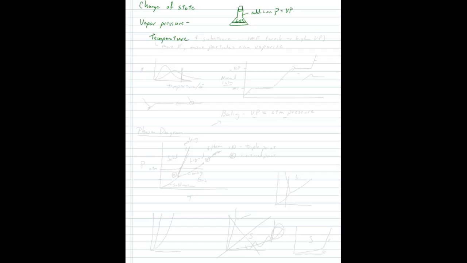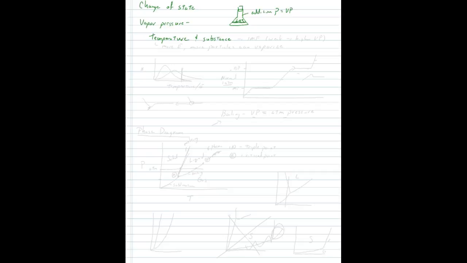If you have more energy, there are more molecules that have enough energy to break that surface tension that we talked about before, and so you're going to have additional force of pressure. Some organic molecules are nonpolar, so they have very high vapor pressure.